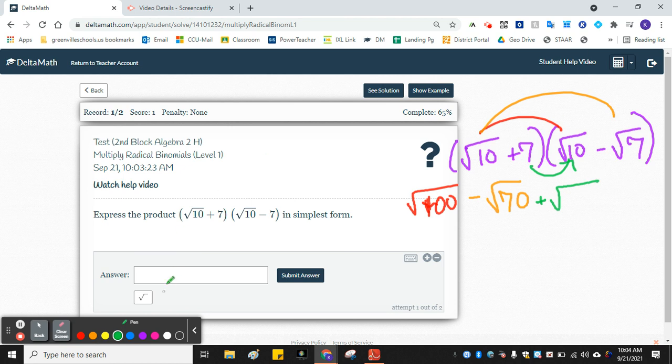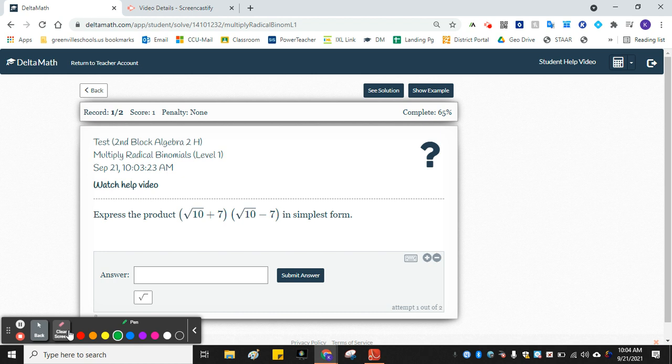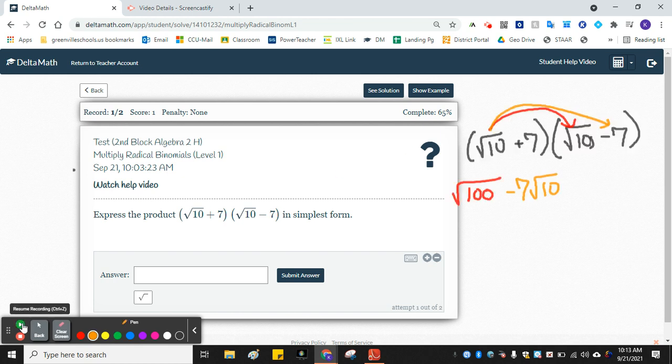All right. The 7's outside the radical, square root of 10's inside. That's not supposed to be in the radical. So we're going to start again. Hold on. Now that I wrote the correct thing, square root of 10 times negative 7 is negative 7 square root of 10. They can't get multiplied together because the 7 is not in the radical. 7 times the square root of 10 is positive 7 square root of 10.